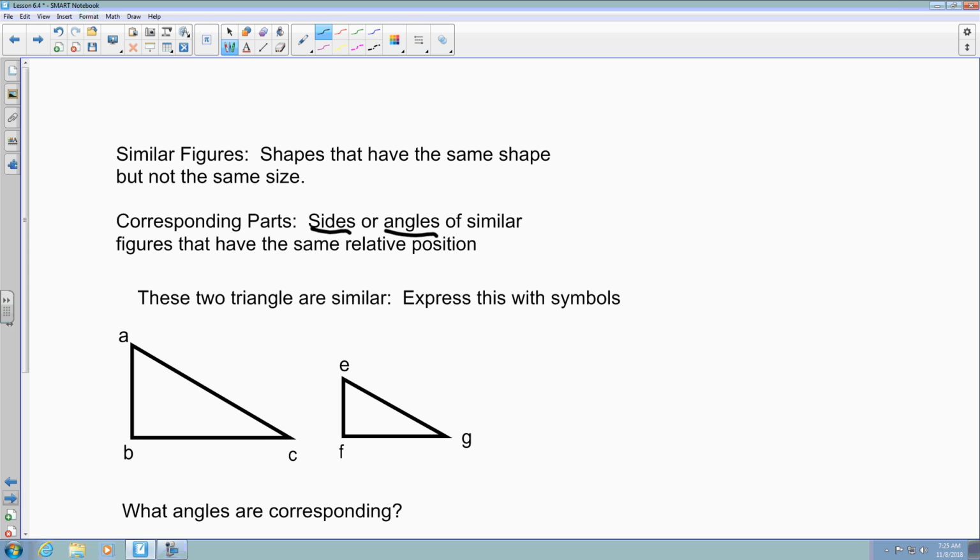When it comes to similar figures, when it comes to corresponding sides, the corresponding sides must be proportional.